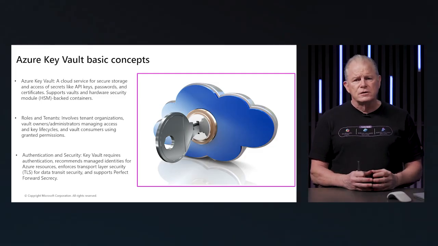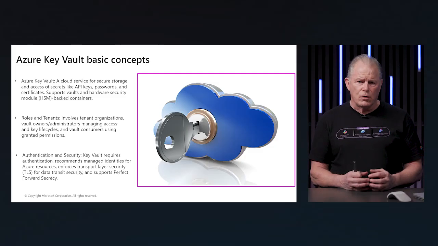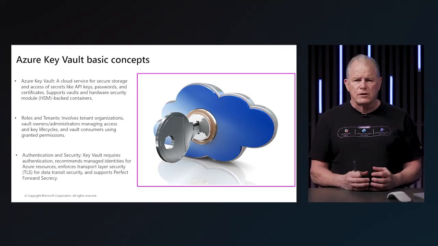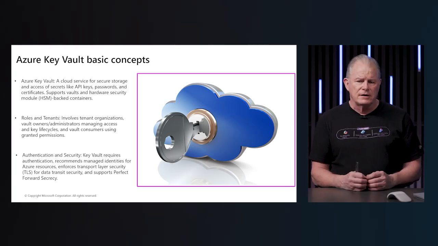Key Vault uses Azure Role-Based Access Control, or RBAC, for managing access, and key roles include owner, which has full control of the vault, contributor, which can manage the vault but cannot change access roles, and reader, which can view vaults and their contents.